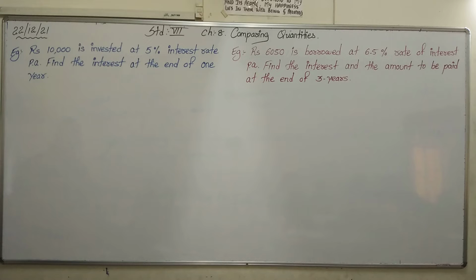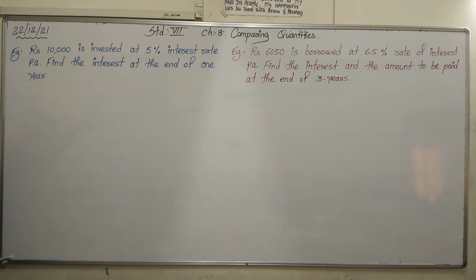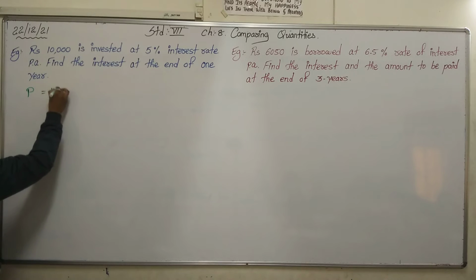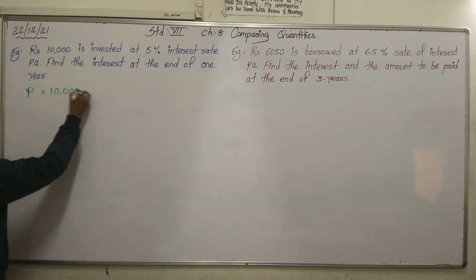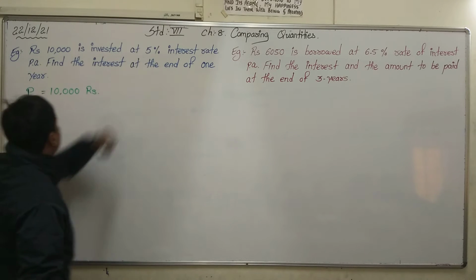So first we will write all the information from the sentence which are with us. The first one, rupees 10,000 is invested. So that is your principal. And what is your principal? 10,000 rupees. At what percent they are investing? 5%.